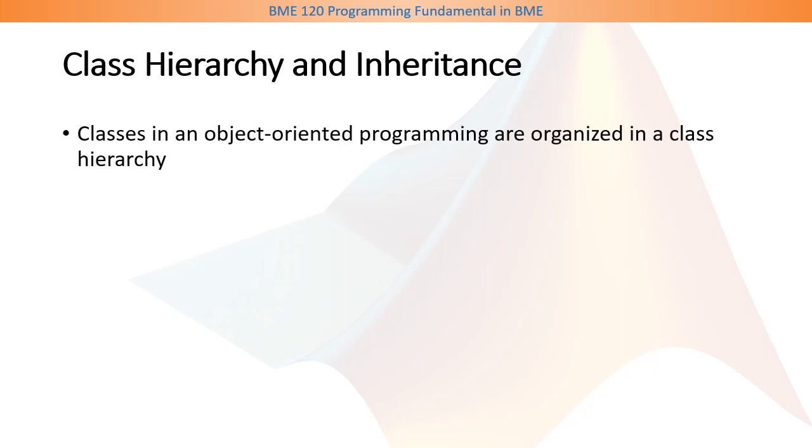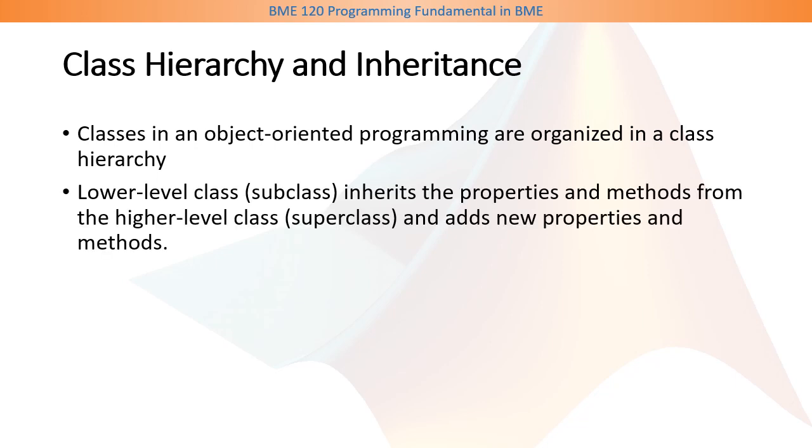Classes in an object-oriented programming are organized in a class hierarchy. The low-level class, which is called subclass, inherits the properties and methods from the high-level class, which is called superclass, and can add new properties and methods.